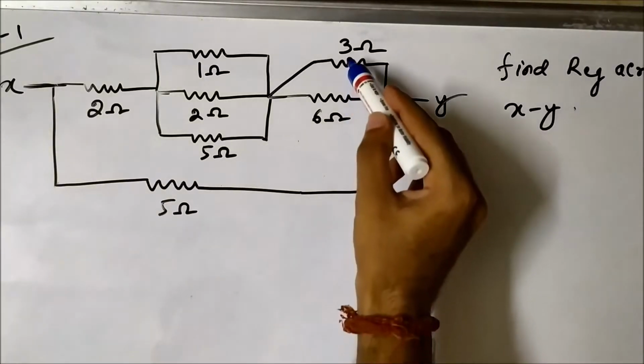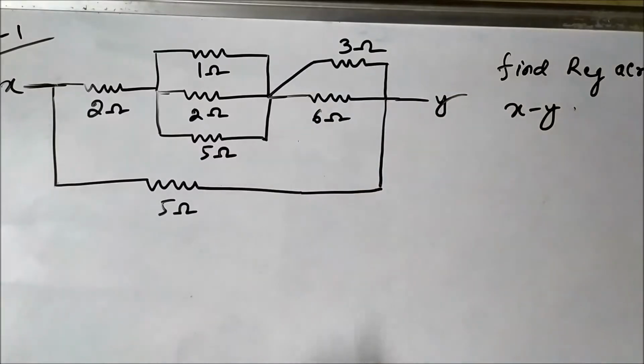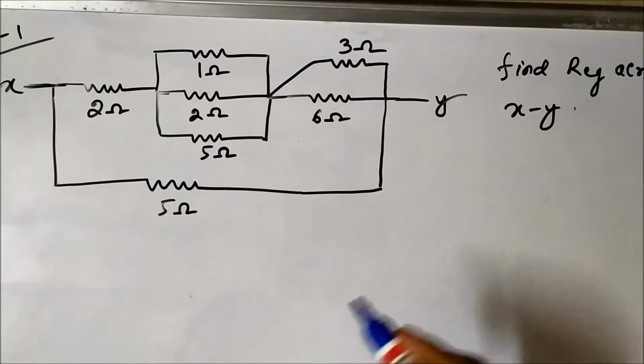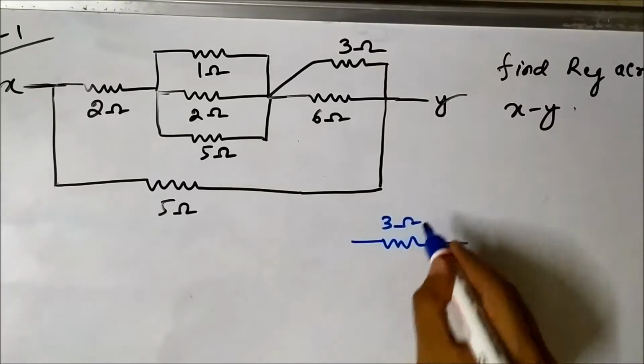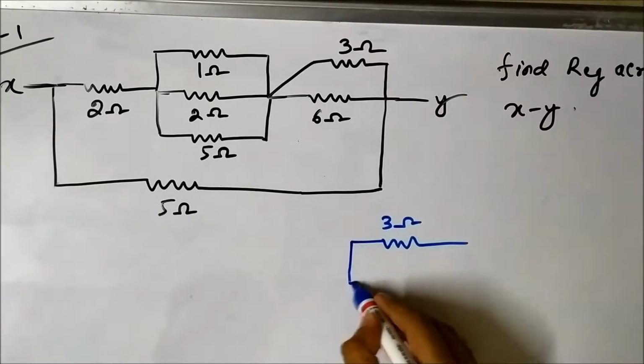Now if you look at these two resistors, this is 3 ohm and this is 6 ohm.